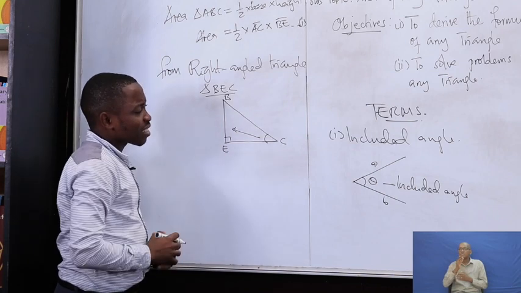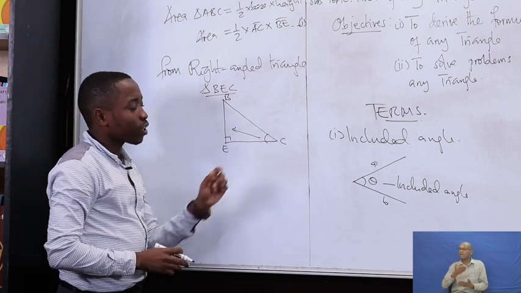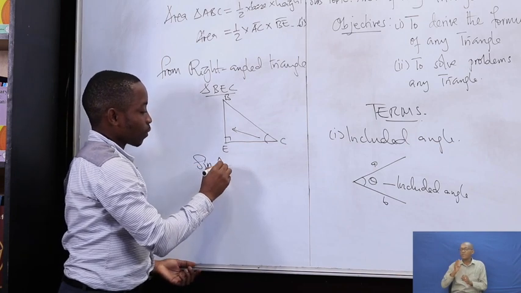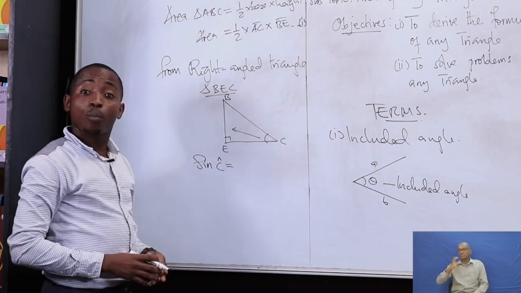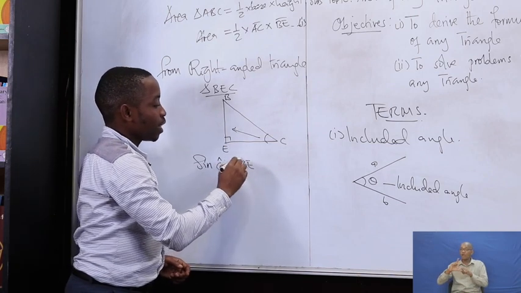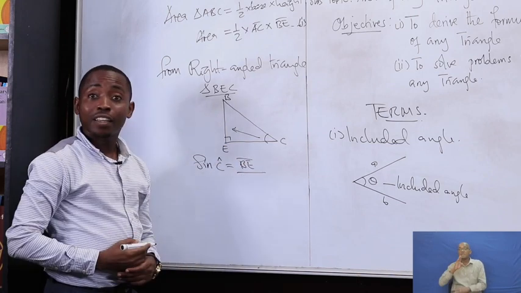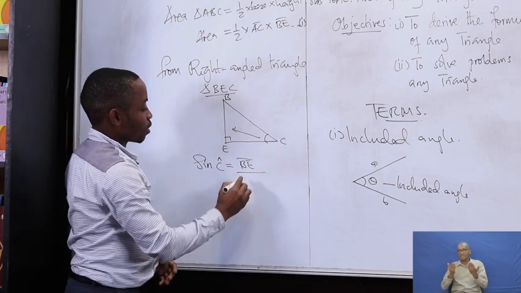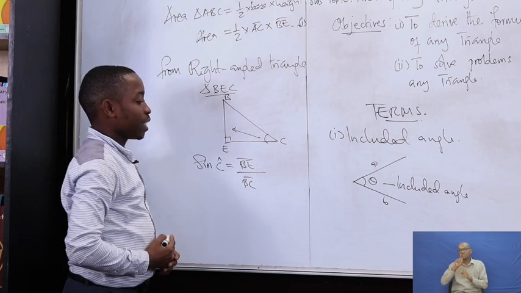So how can we get the sine of angle C? Sine of angle C is obtained by taking the opposite side, which is BE, divided by the hypotenuse, which is BC.